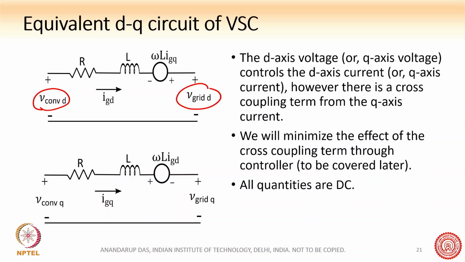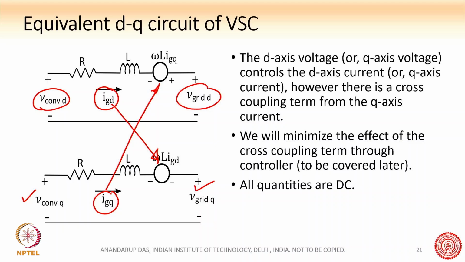You can see the d axis circuit and the q axis circuit here. But the q axis current creates a voltage that comes into the d axis, and similarly the d axis current creates a voltage in the q axis circuit. This effect is called the cross coupling effect.